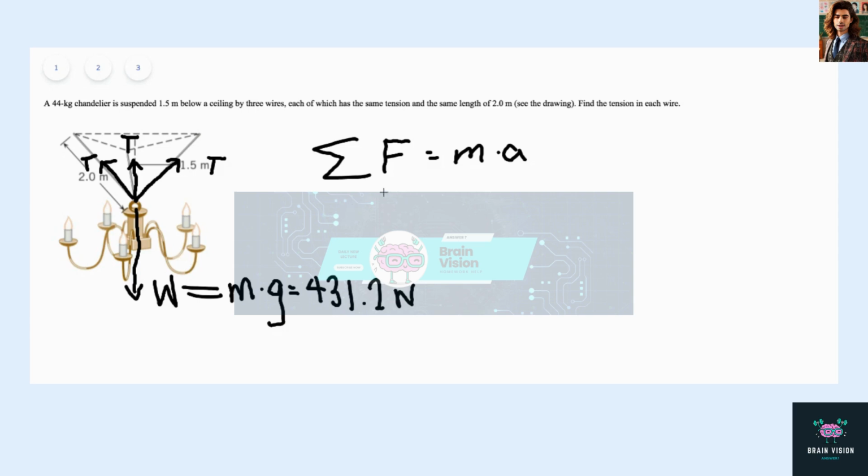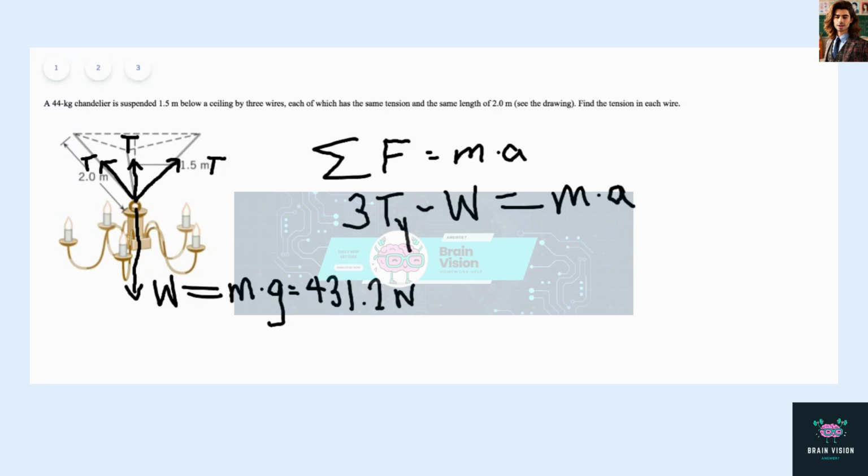So, returning to Newton's second law, I can express that the sum of the forces acting on the chandelier is equal to 3 vertical components of tension. So I'll write it as 3 times Ty. That's 1 vertical component of tension for each wire, minus, because it's acting in the opposite direction, the weight of the chandelier. And that equals the mass of the chandelier multiplied by the acceleration.